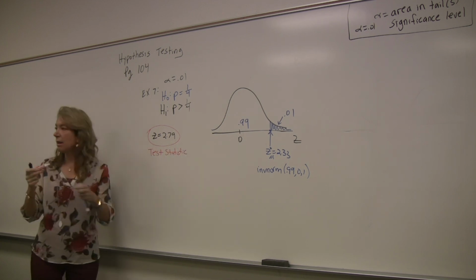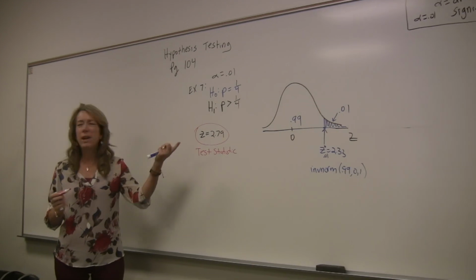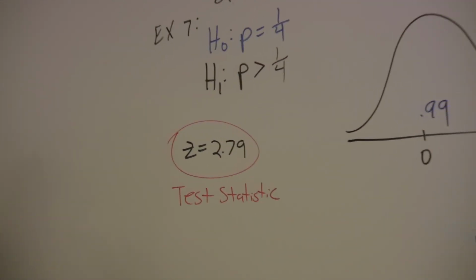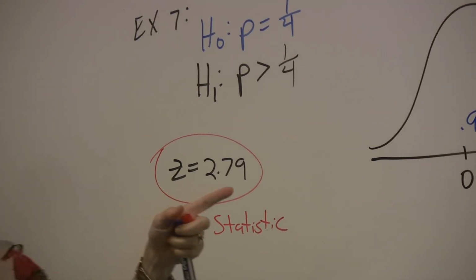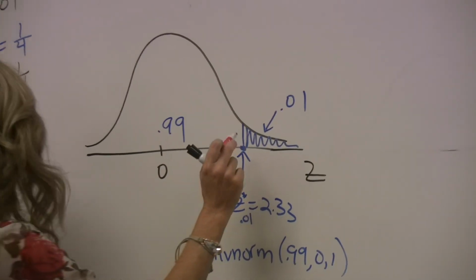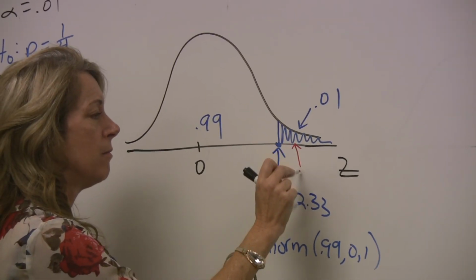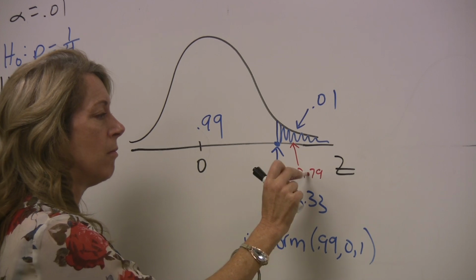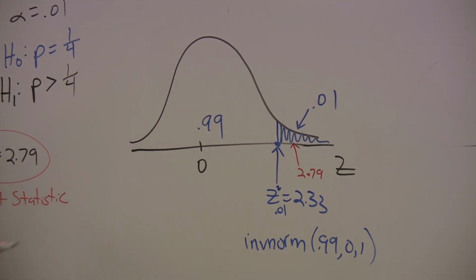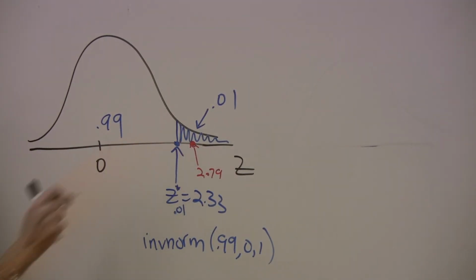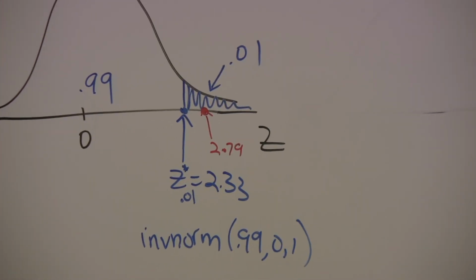Our results came up with this z-value. Where is that on my picture? Past 2.33, right? 2.79 is over here somewhere. It's over here, in what I like to call the rejection region.